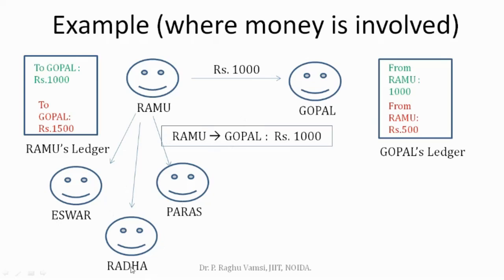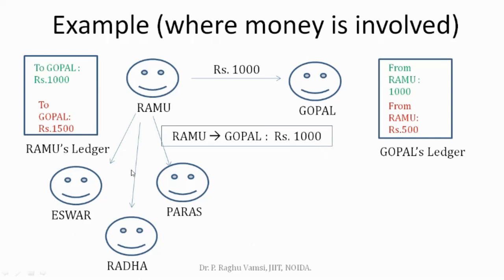Now, for this, you need verification of the account, validation of the account, and also Ishwar, Paras, and Radha, who are the witnesses, should come to an agreement that, okay, I have performed at my level, Ramu has sent Gopal 1000 and it is a genuine one. Paras has to come to a conclusion that Ramu to Gopal 1000 rupees is a genuine transaction. At the same time, Radha should also feel like that.